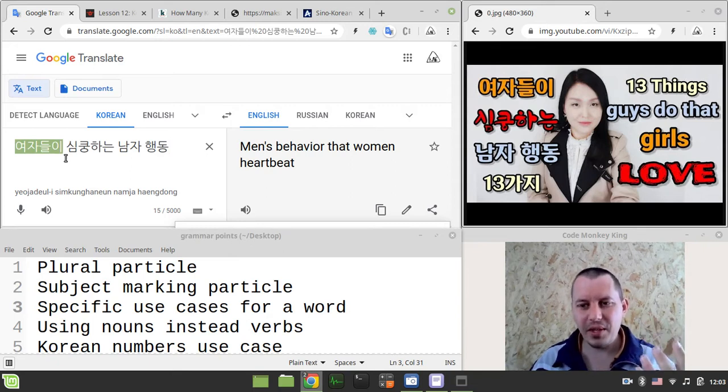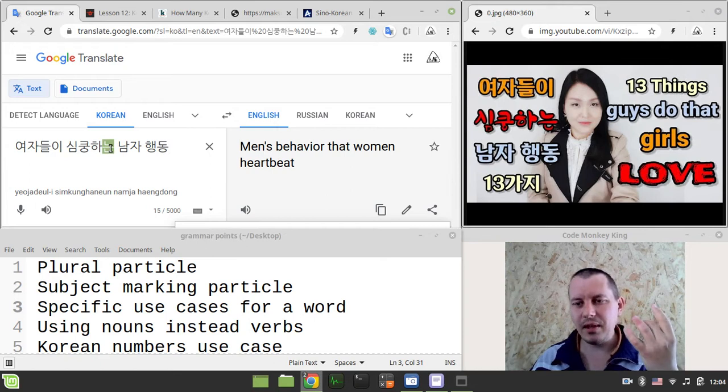So we're talking about something that makes women's hearts beat faster. We don't have the word faster in the heartbeat, but it's absolutely clear from the context, and from the translation provided by the native speaker on her own, because we know that to love means that the heart is beating faster, right?